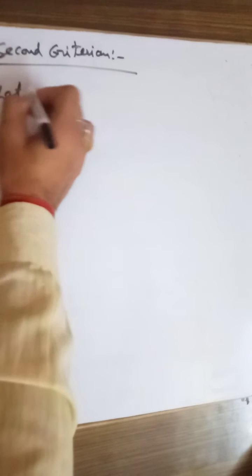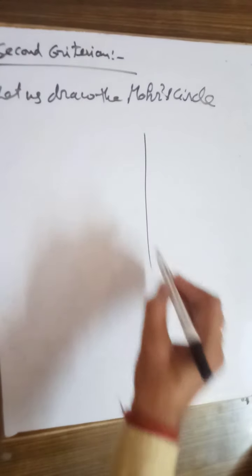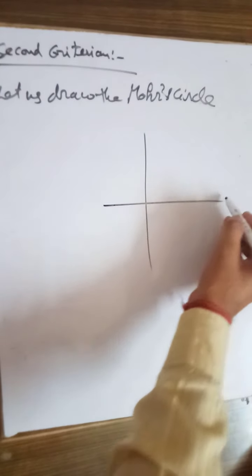So let us draw the Mohr circle. Here is the Mohr circle, sigma tau.